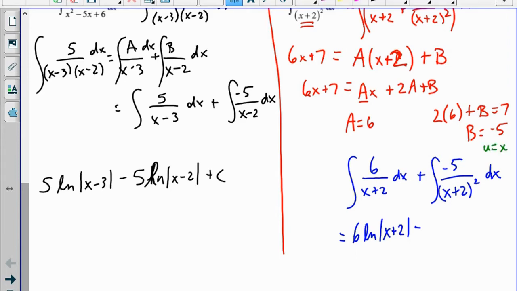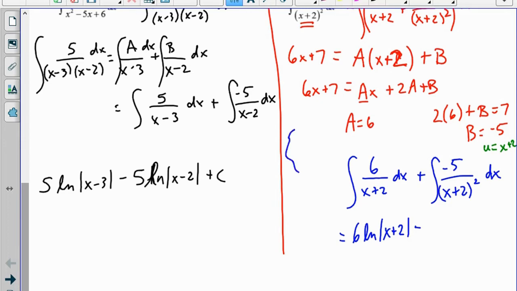So if u equals x plus 2, then du equals dx. And so that means I'm not going to have to make any sort of multiplications there. So I can basically just treat this like it's negative 5 over a variable squared. And so if I have a variable squared, the integral of that is actually just negative.